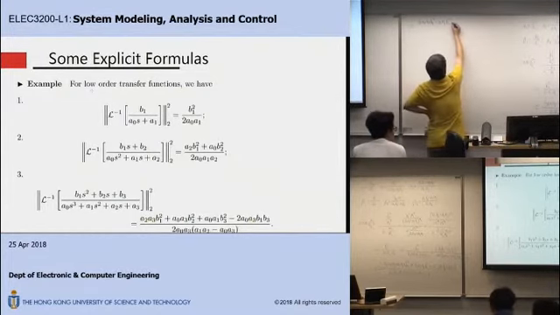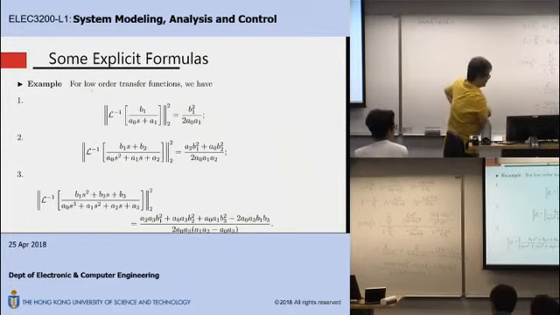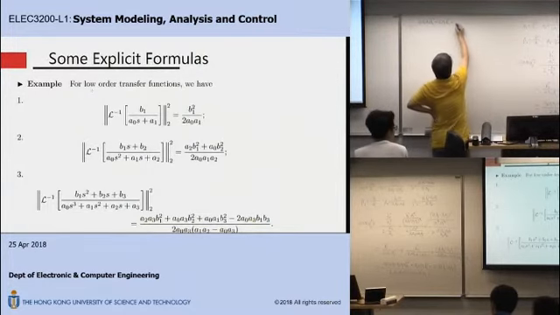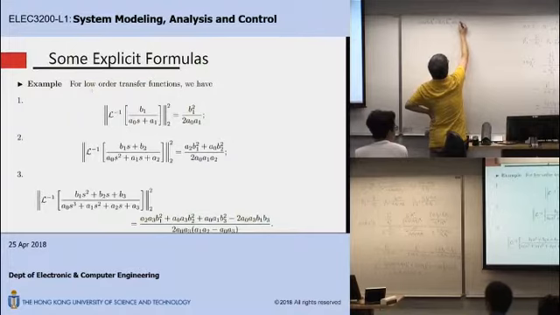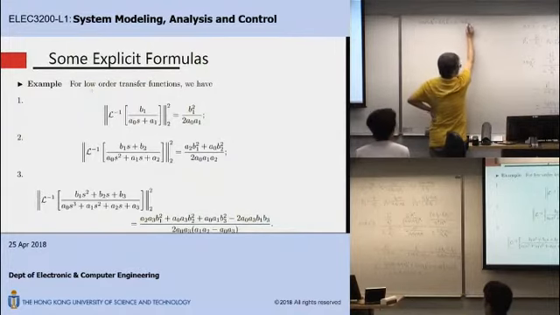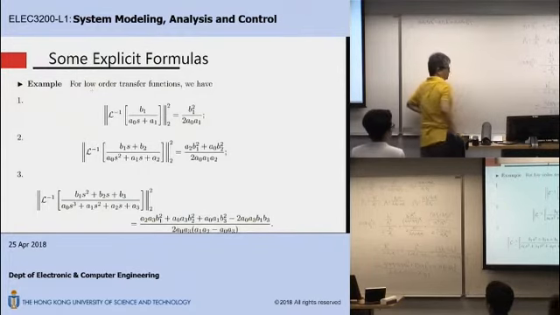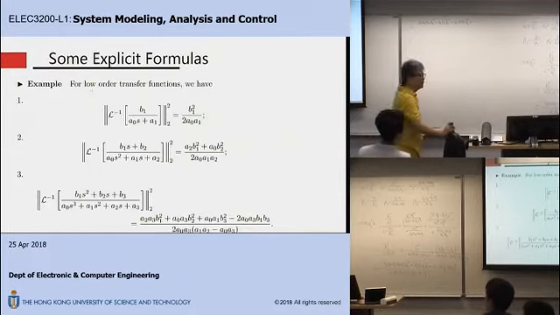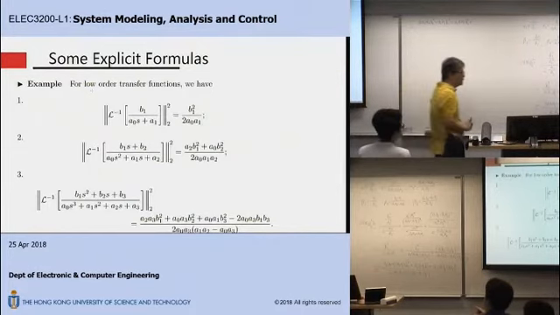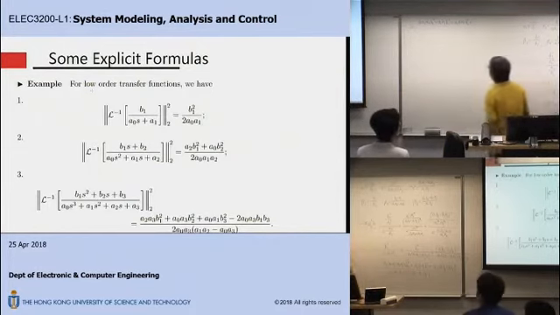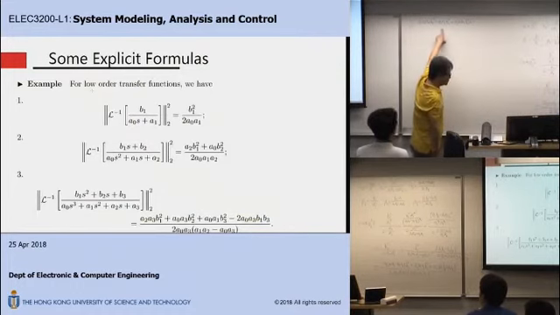Plus A0, A1, A3, B2 squared plus A0 squared. Second term, that should be A0, A3 squared, B1 squared.